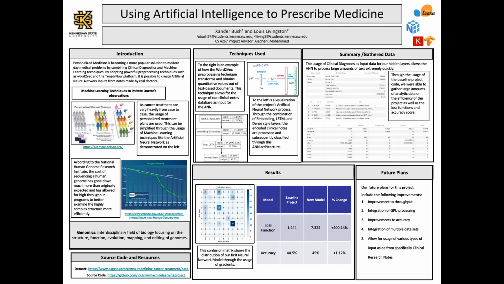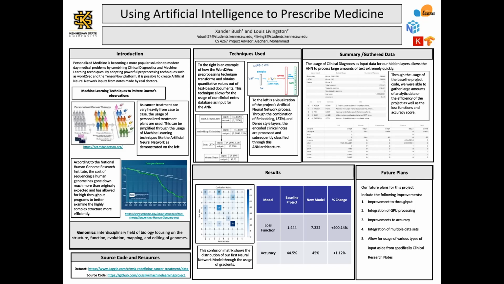In our project, we used many different techniques for working with our data set that is shown in the bottom left slide. The bottom left section is going to be a link to our repository as well as the source code for the data sets.